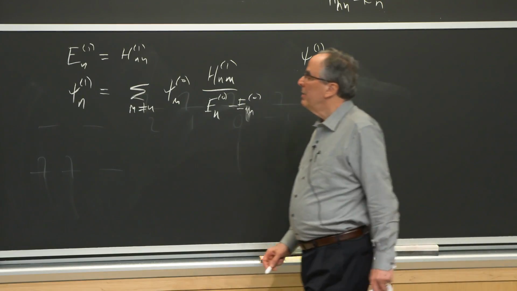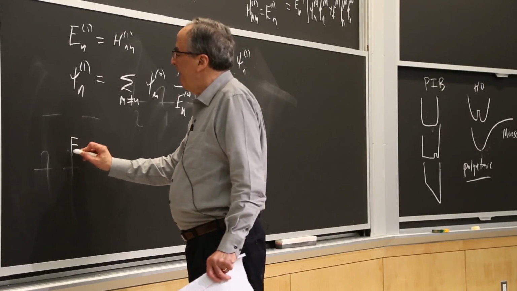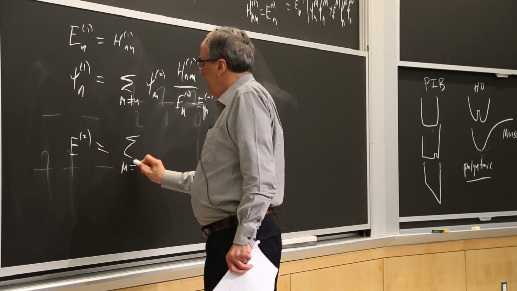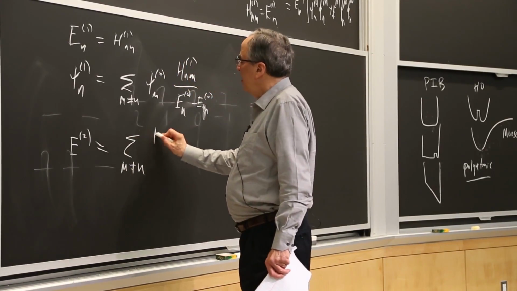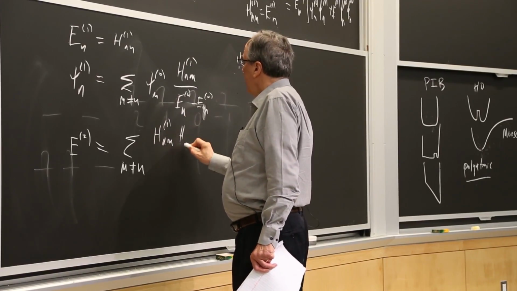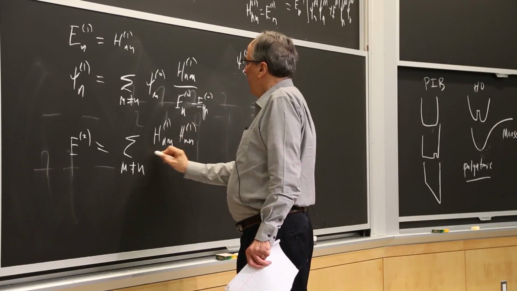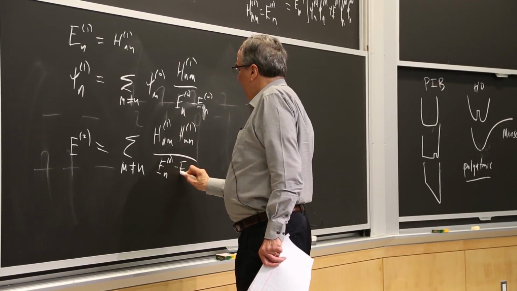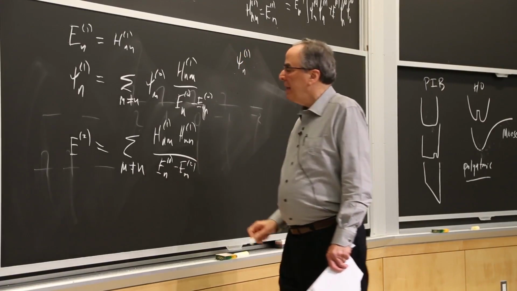Okay, and then we get the second order correction to the energy, which is the sum over m not equal to n of H_nm^(1) H_mn^(1) over E_n^(0) minus E_m^(0). Okay, that's it.